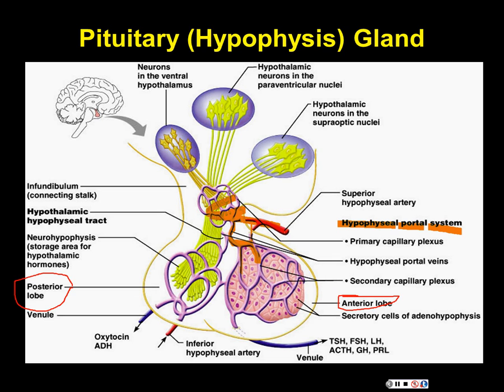This blood circuit's really cool in that a neurohormone can be released from the hypothalamus. It doesn't have to go to your heart and back and then hopefully get to the anterior pituitary. It just shunts. Just a little quick journey, if you will. Neurohormones hop in and then diffuse out at the anterior pituitary. So we can secrete our hypothalamic hormones in low concentration right there.